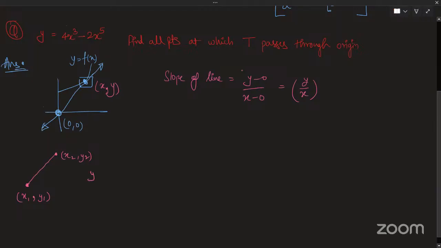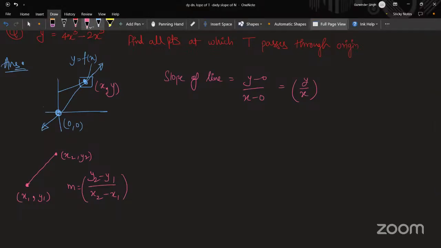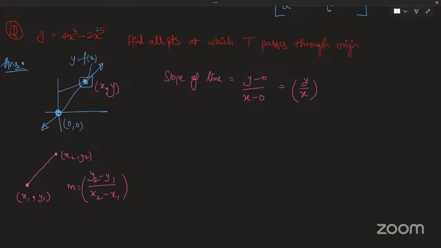It's y2 minus y1 divided by x2 minus x1. Okay, this is the slope of the line joining both of them. So do we have any other method by which we can find the slope of this curve, the slope of the tangent? Anyone? Do we have any other method?